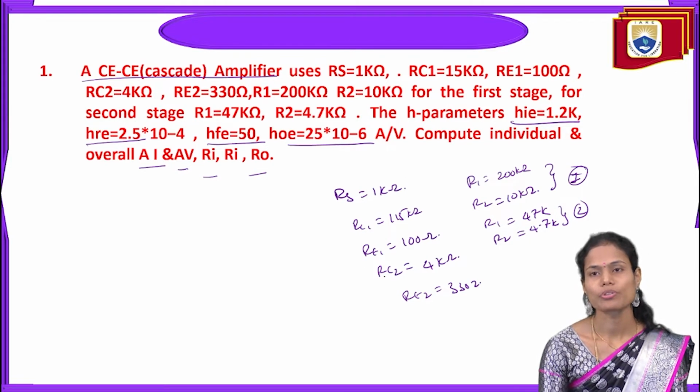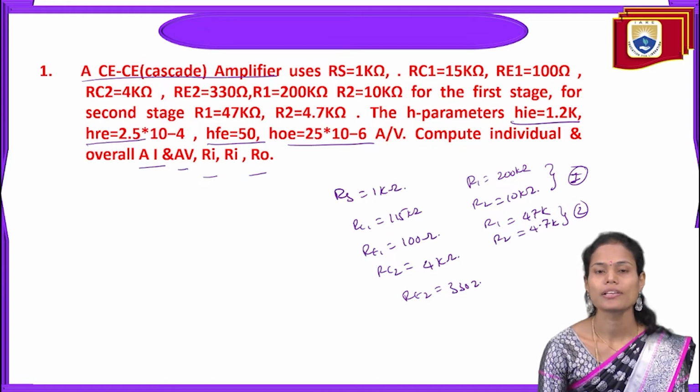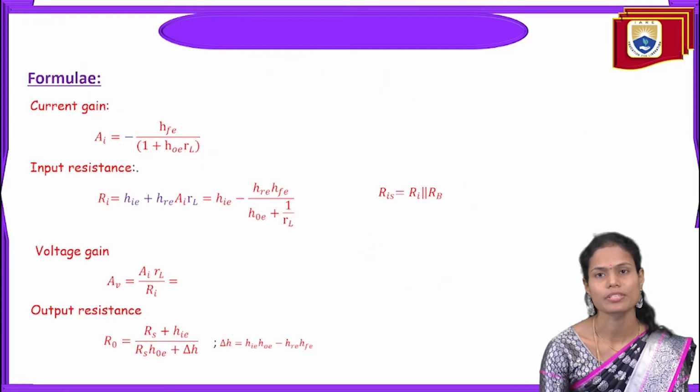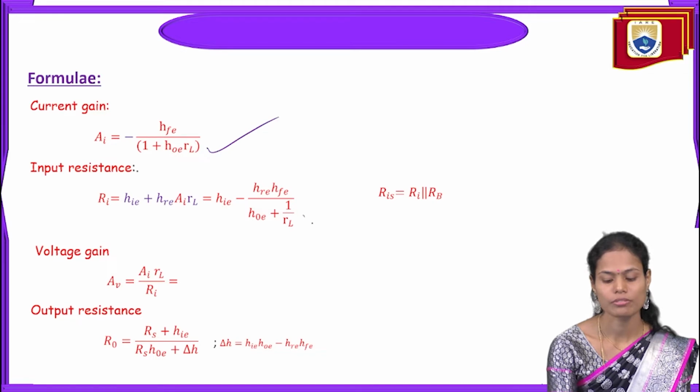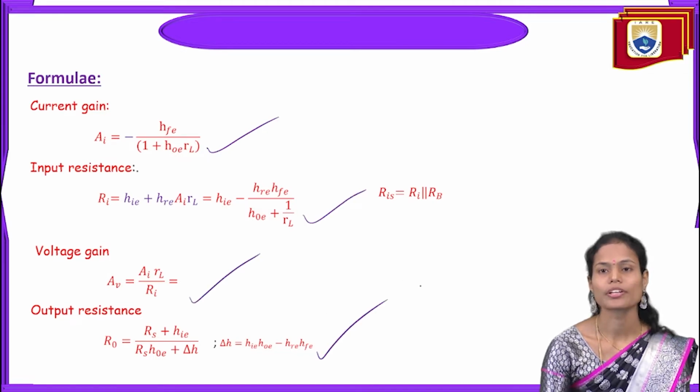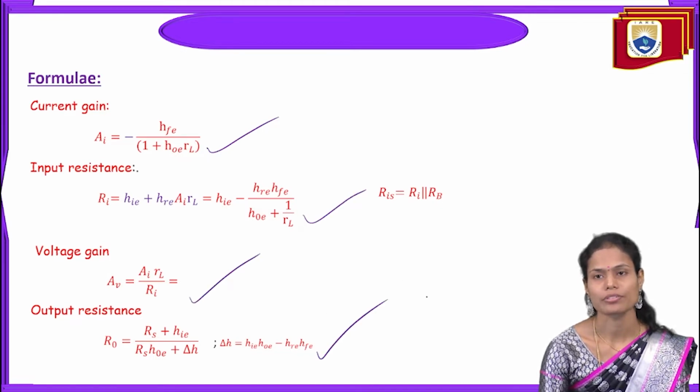In order to solve this problem, we have to analyze the second stage first, later on the first stage. Then we have to find the overall parameters. We have to multiply all the parameters of the first stage as well as the second stage here. In order to calculate the parameters, we require the formulas. These are the formulas related to the required parameters.